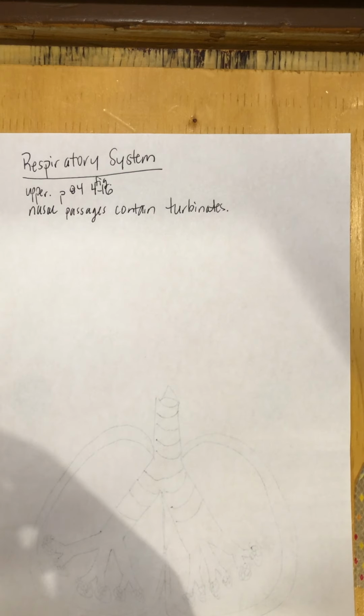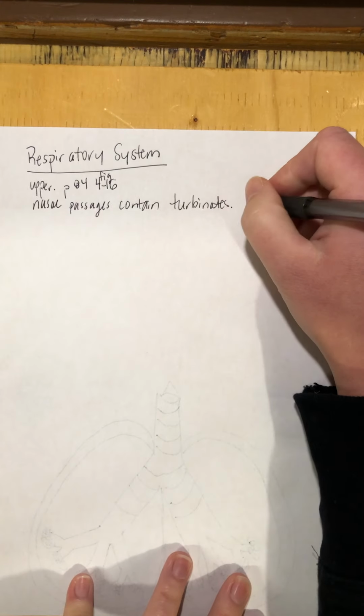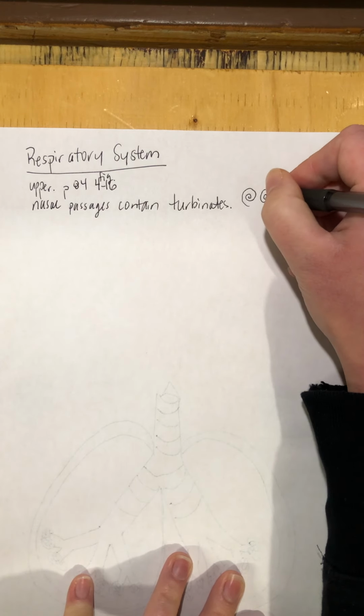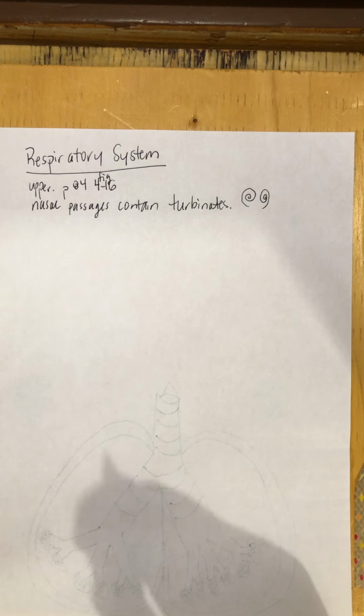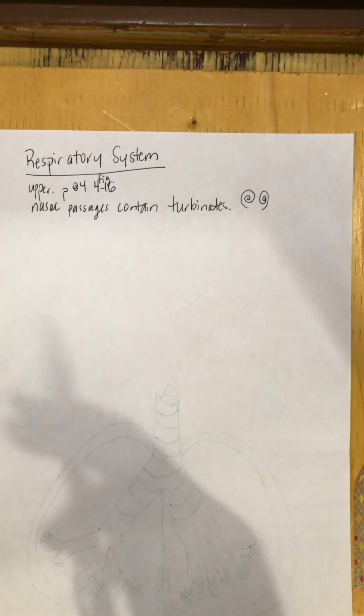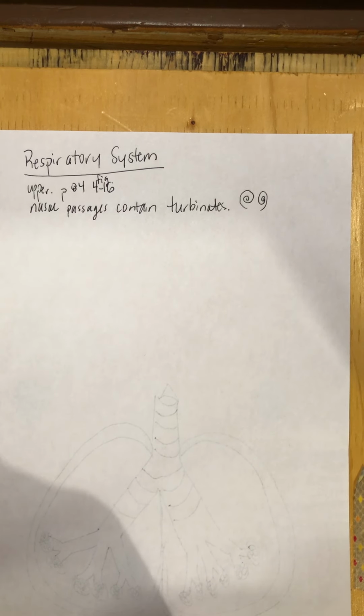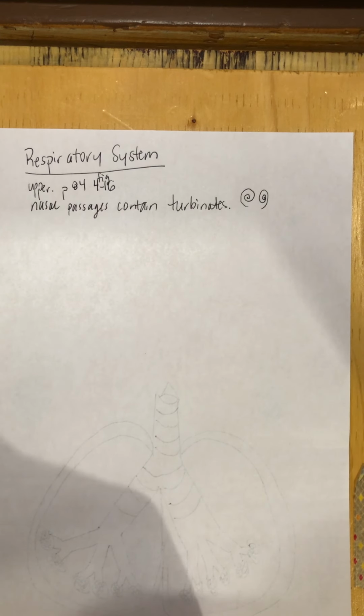So the turbinates are these little scroll bones, okay? They look like little scrolls, and by scrolls I mean like this, inside the nasal passages. You could Google a picture now if you'd like to see one. I do have skulls in the classroom, so when we are back on campus, I can certainly show you in a real skull what those turbinates look like.